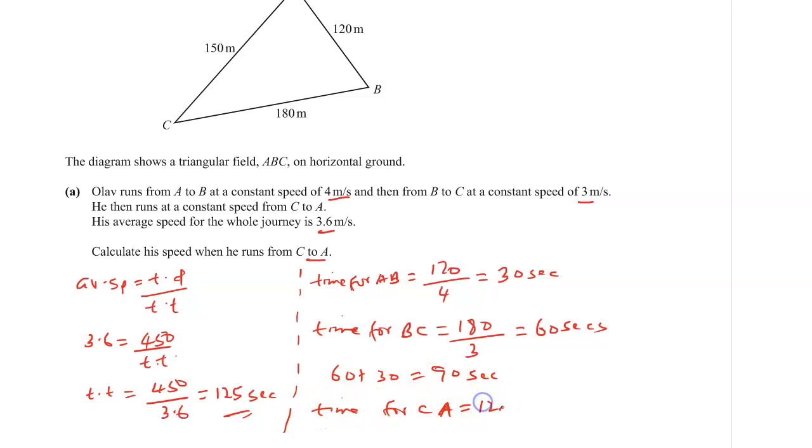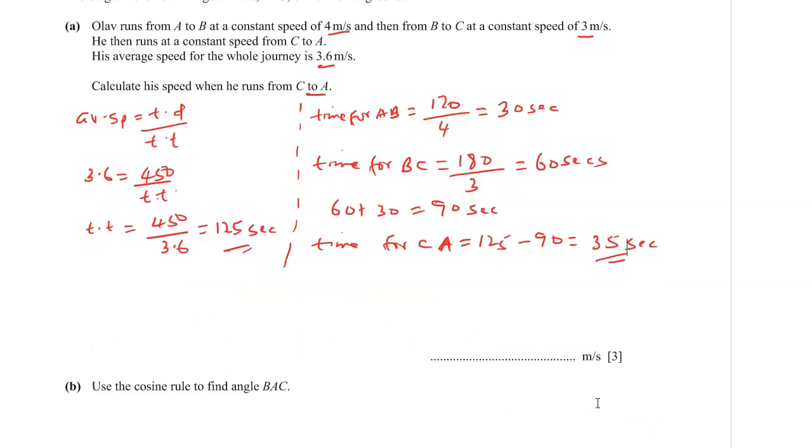the time to run CA took 125 minus 90, which gives us 35 seconds. Okay, it took 35 seconds.